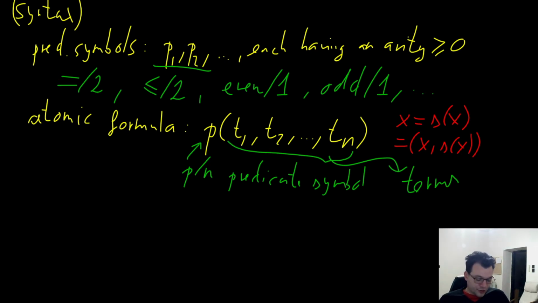And of course even of x is also a valid atomic formula. It's a unary predicate. Even if our alphabet contains this predicate even and it's unary and x is a variable, then it's fine, because x is a term, so we are just substituting one term into a predicate symbol. So this is how we create atomic formulae.